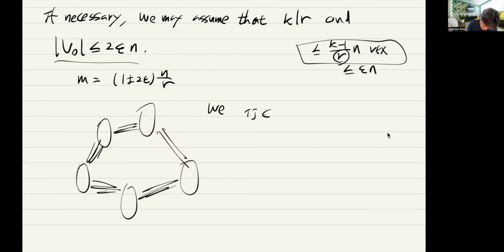So if ij is not in R, then it's either that the bipartite graph between Bi and Bj is not epsilon-regular, or it has density less than delta. Those edges we will forget, and we only use the edges with ij in the edge set of R.